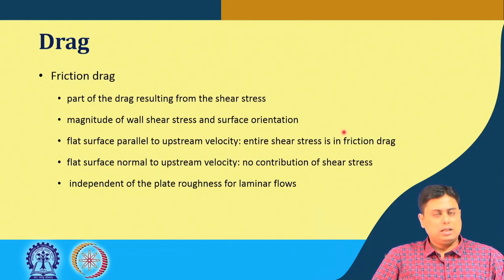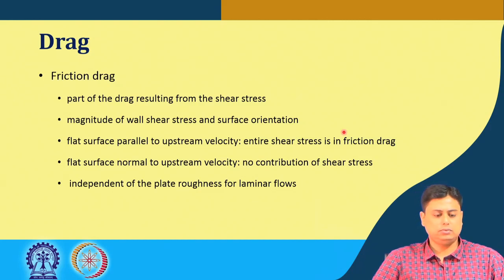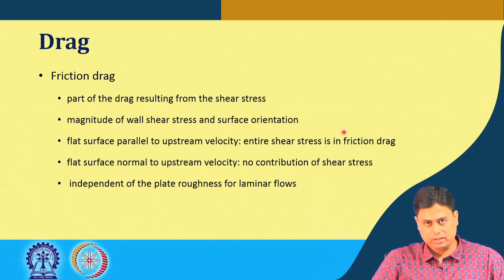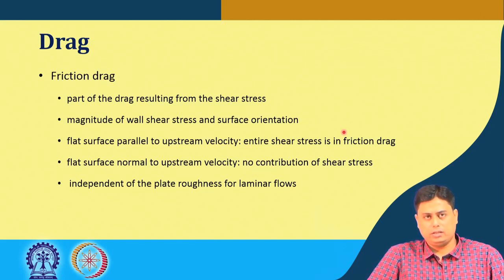Now, coming to the concept of drag, we have seen there are two types of drag. One is the friction drag, which is the part of drag resulting from the shear stress. This we have mentioned also. Its magnitude depends on the magnitude of the wall shear stress and the surface orientation.